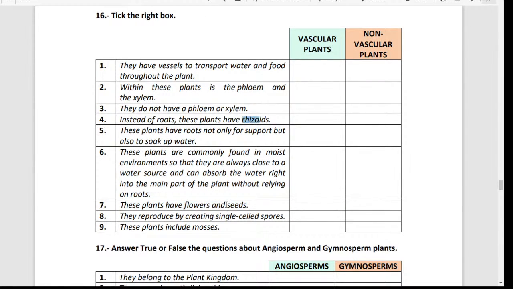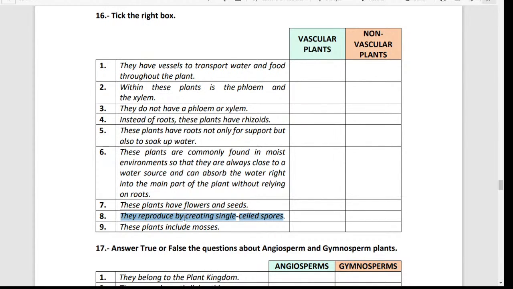Yes, vascular plants. Okay, let's go faster. Number 8: they reproduce by creating single-celled spores. So plants with spores, which is the correct answer. There is a very clear answer here.